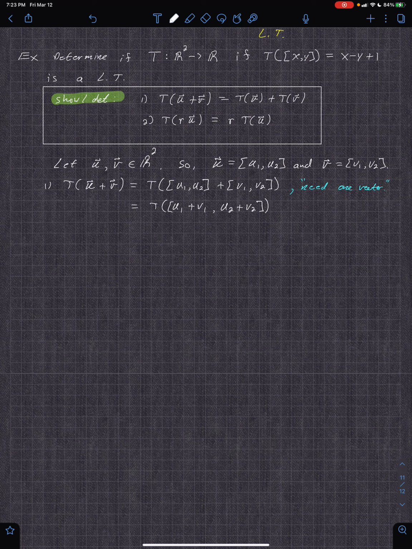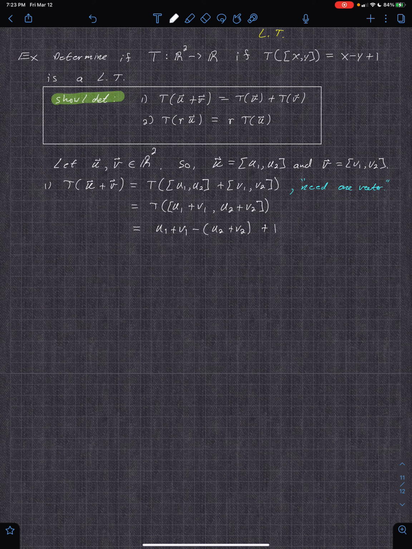All right, so now you operate on those two things, your x and your y. You're going to subtract them and then add 1. So that's equal to u1 plus v1 minus the quantity u2 plus v2, and then plus 1.